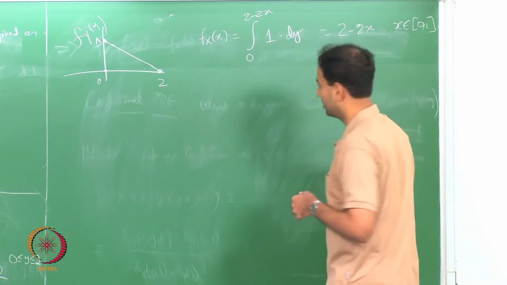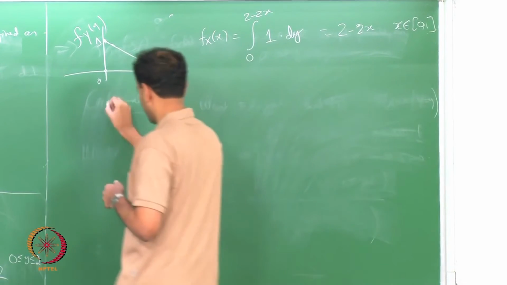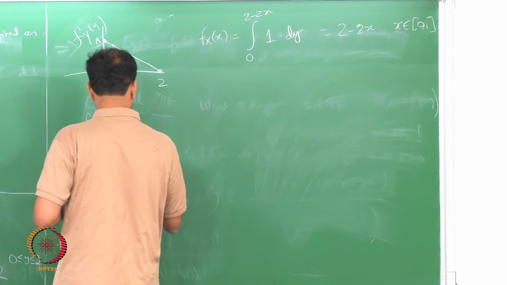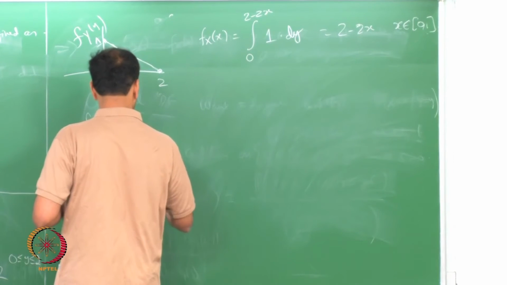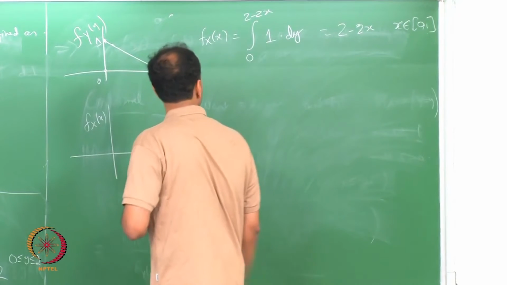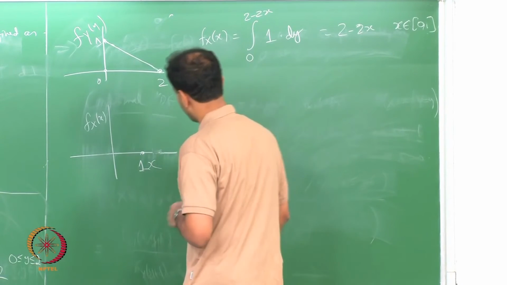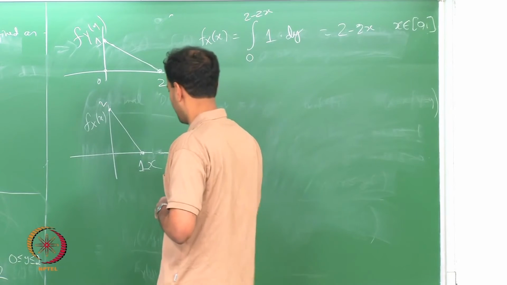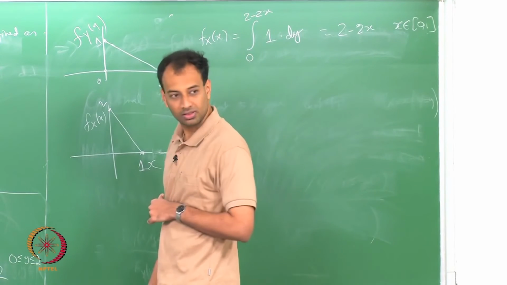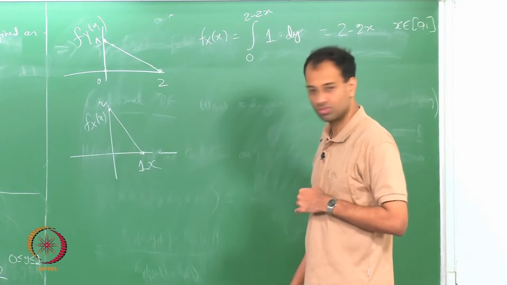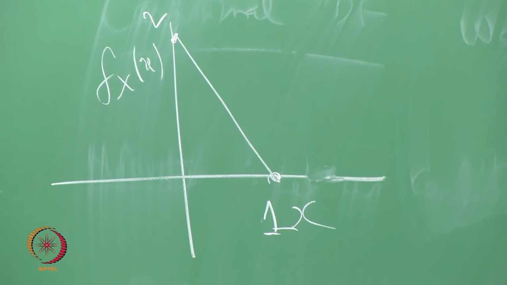So, that looks like that, that is 1, and at x equal to 0 I am at 2, then I will go down like that, right. This is my marginal PDF of x.